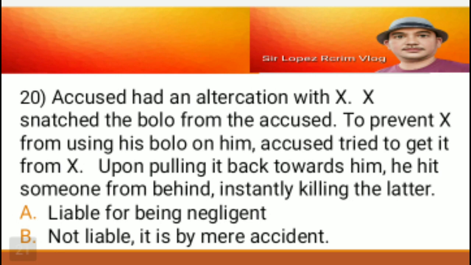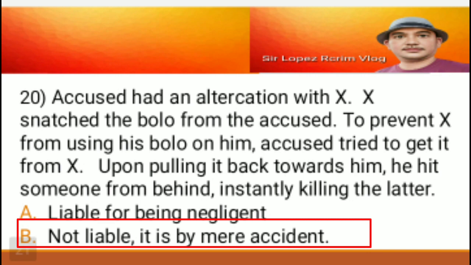Letter A, liable for negligence. Letter B, not liable, it is by mere accident. Okay? The correct answer here is letter B. Okay? The accused is not liable. Pulling it back toward him, the bolo is not considered as a felony. Killing the latter as a result of which is only by mere accident.